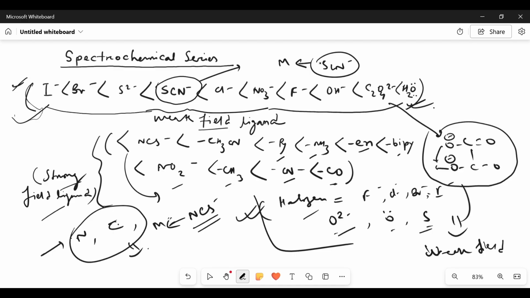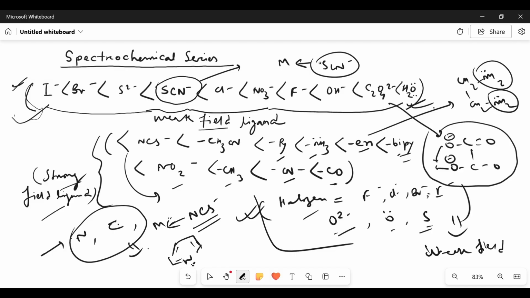In case of pyridine, you know the structure of pyridine is this type of structure. So nitrogen has a lone pair of electrons in case of pyridine. Okay, so nitrogen is the donor atom. In amine group also, ethylene diamine also, if you see the structure of ethylene diamine, CH2 NH2 CH2 NH2, the nitrogens have lone pairs, and these are the donor atoms.